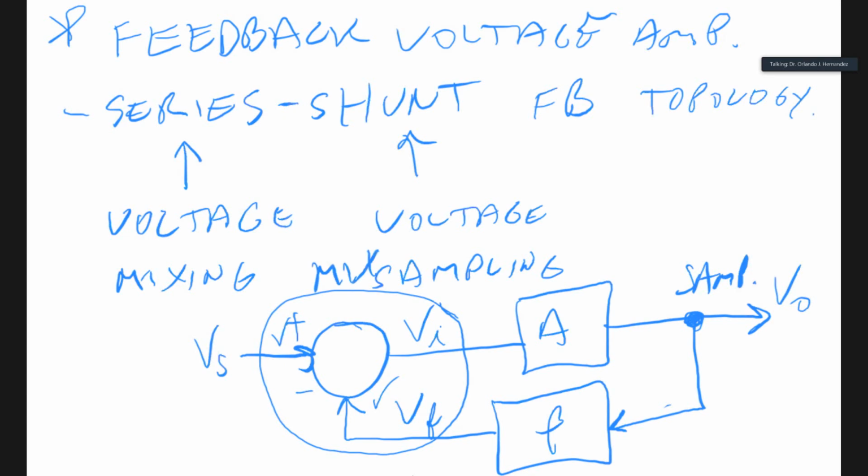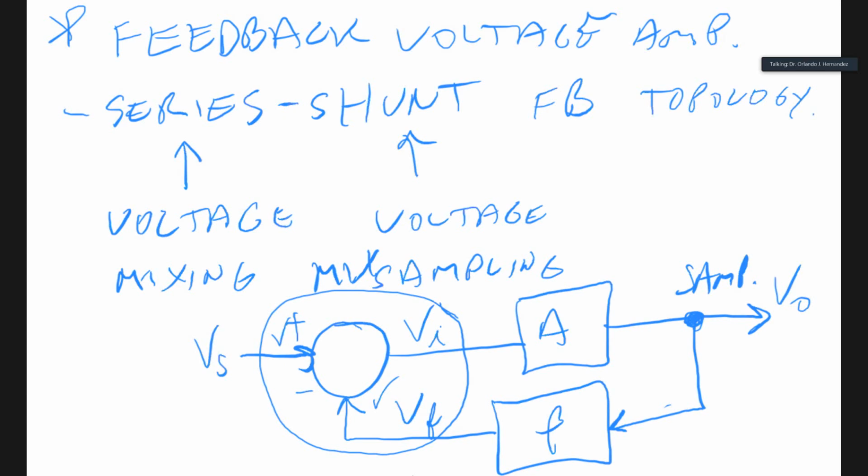This is agnostic to whether we are doing current or voltage sampling or current or voltage mixing. We're going to see the specific topologies of the different ways of mixing and sampling when we look at the specific amplifier with feedback topologies. Did that answer the question?